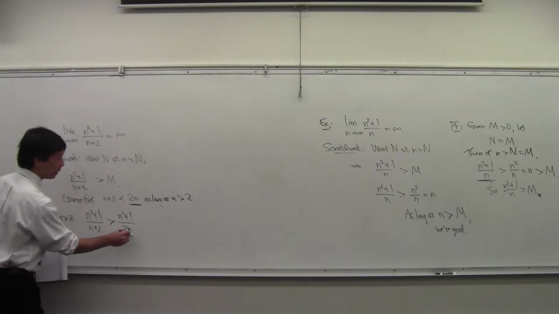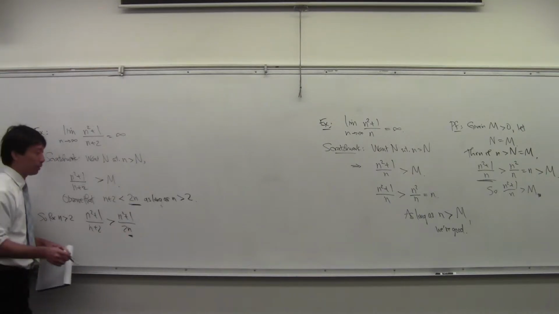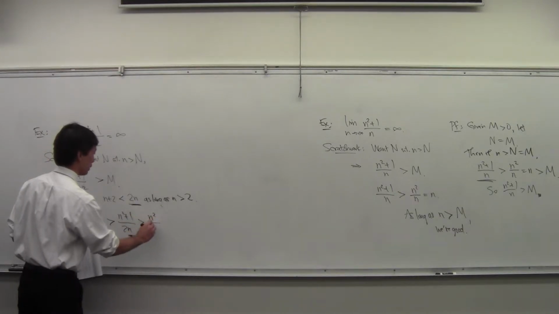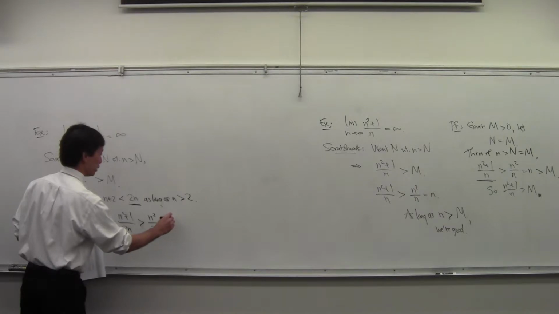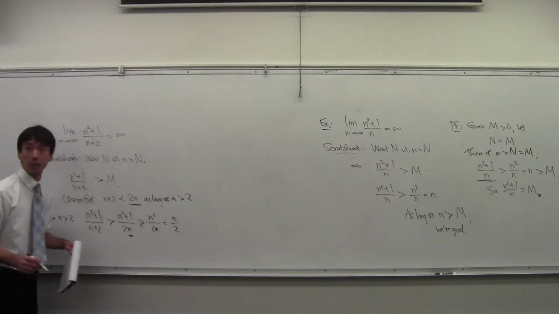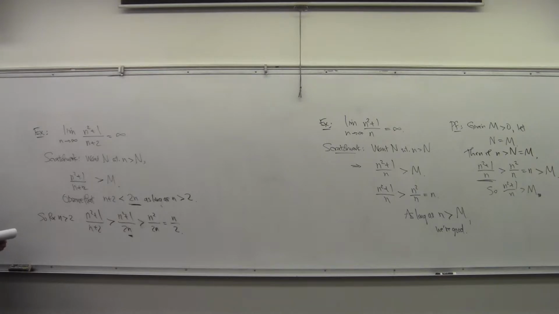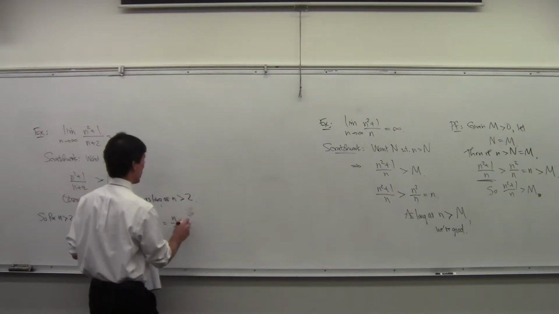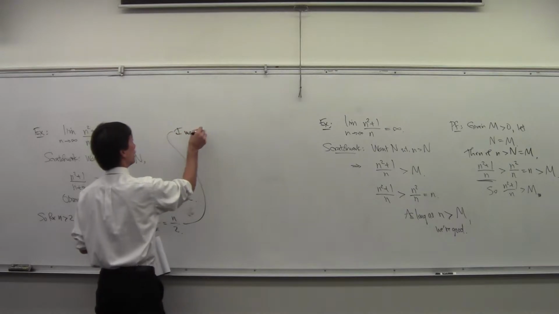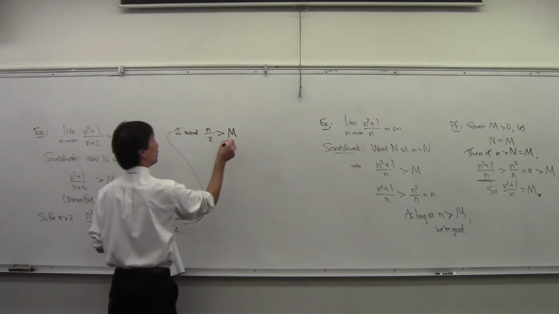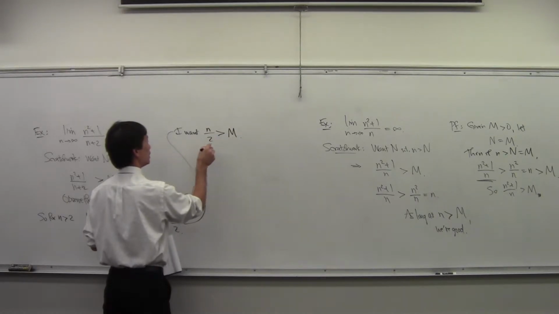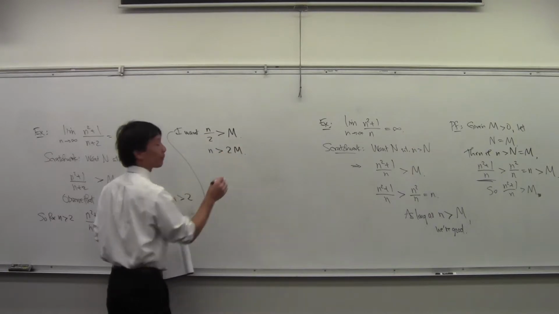Now I've got the n that I hoped for. And this is, of course, bigger than n squared over 2n, that's to say, n over 2. From here, I want this thing to be bigger than m. But that's easy, that's the same as saying that n should be bigger than 2m.